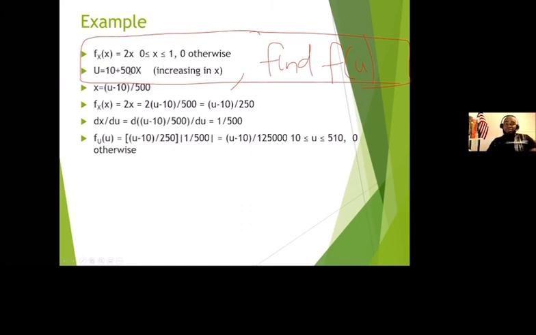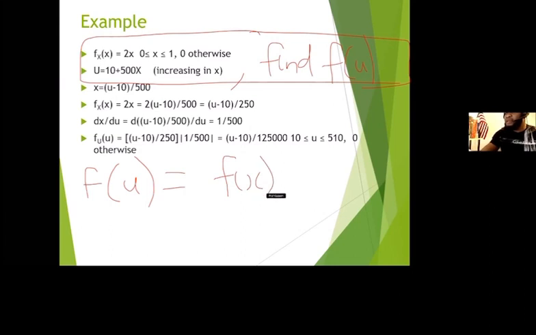My formula is that f of u is going to be f of x multiplied by the determinant of the Jacobian.